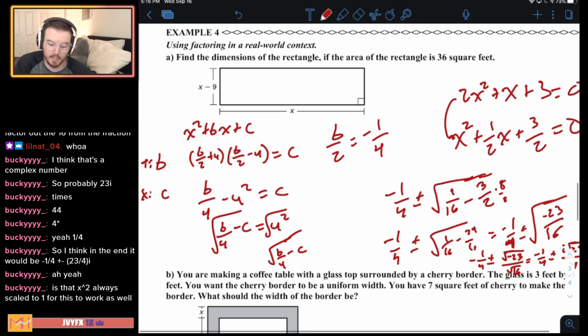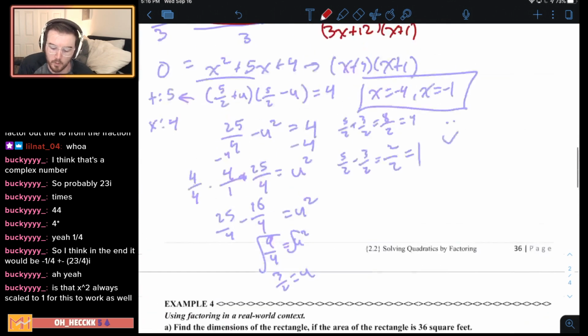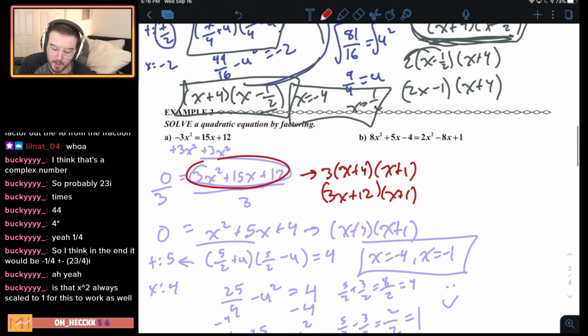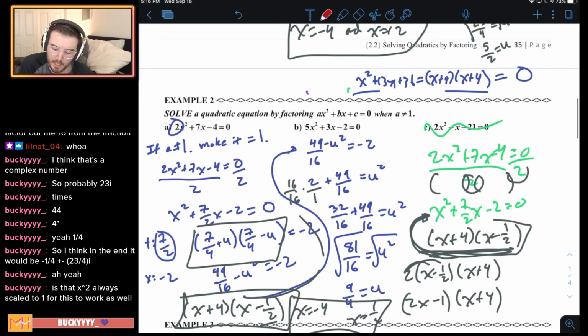Yeah, it needs to be this method here that I'm doing. I'm always scaling it down to 1. Yeah, like what I did on this problem. I got rid of the 3, and this problem up here I got rid of the 2. So yeah, sometimes you get that fraction.